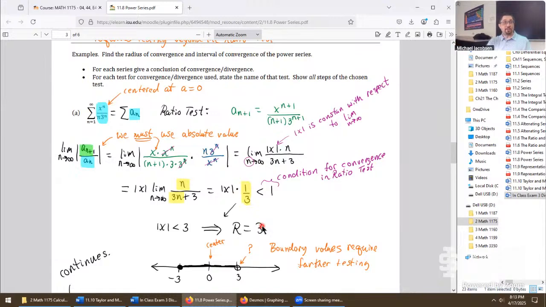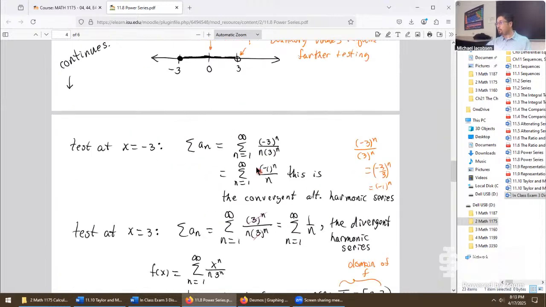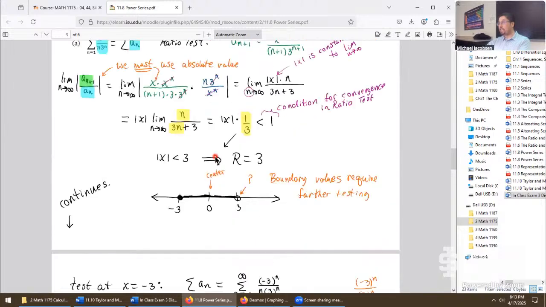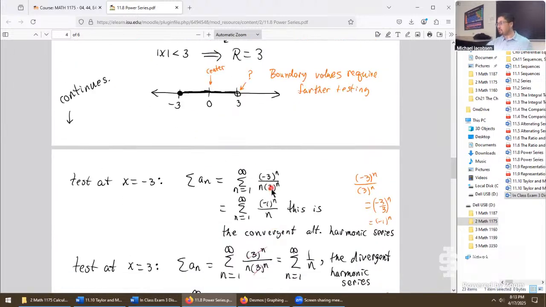And this is the same kind of situation on the exam. We can only stop if the radius is 0, which implies the interval is 0. If the radius is infinity, it implies the interval is infinity. But if it says find the radius and the interval of convergence, we had to go further. We had to actually test at -3 by plugging -3 into the original series up here, getting an expression out.